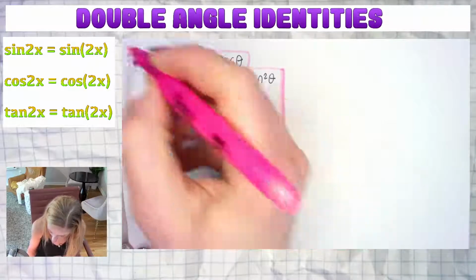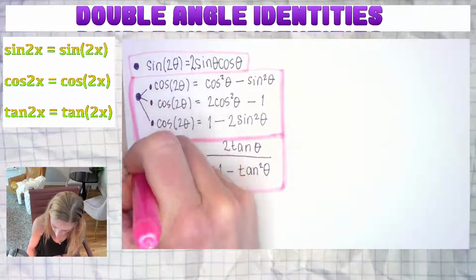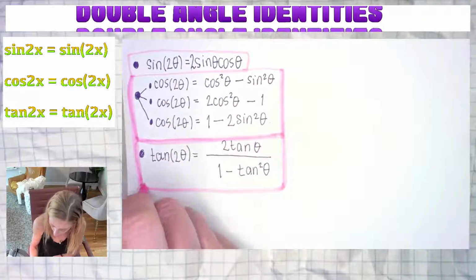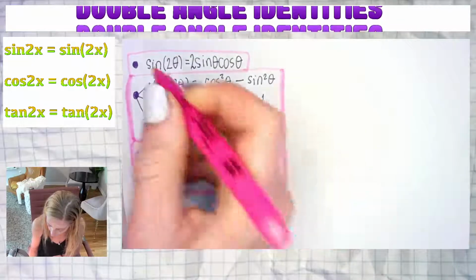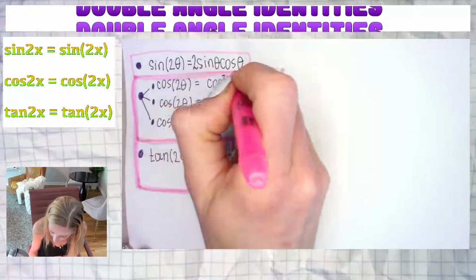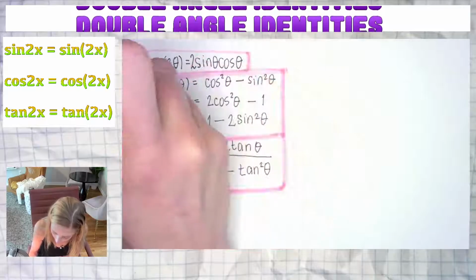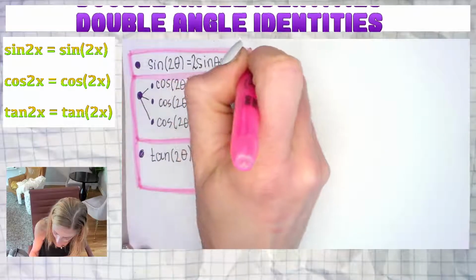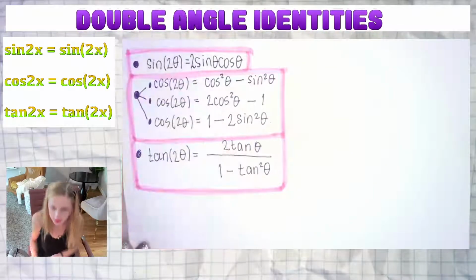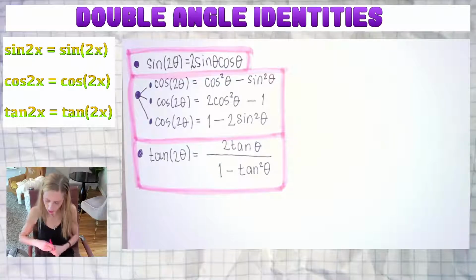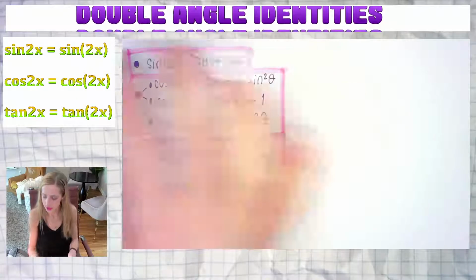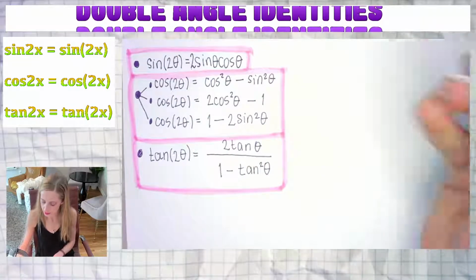Now, after we do put this in our notebook, as I said earlier, I'm going to derive these identities using the angle sum identities, which we did obviously in the last section, which was the angle sum and difference identities. All right, so I will try to do sine over here. I think I have plenty of space.